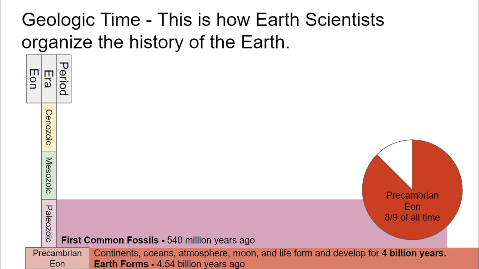First common fossils are going to start forming about 540 million years ago. That's when we finally have organisms developed to the point that they have hard parts. So that happens. We have our first invertebrates. Our invertebrates will be things like trilobites, brachiopods, and snails.